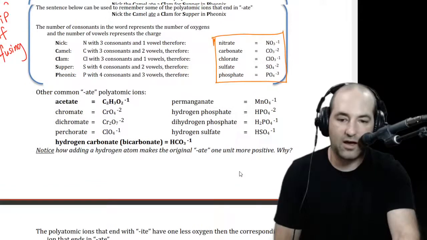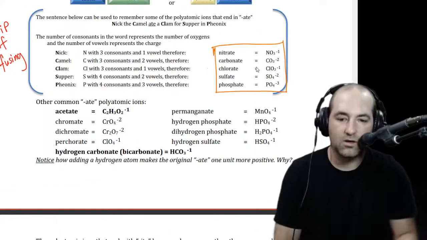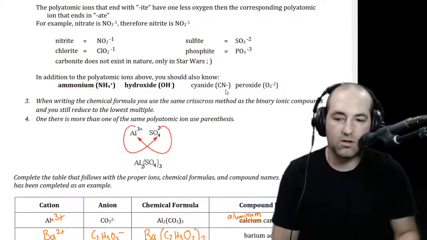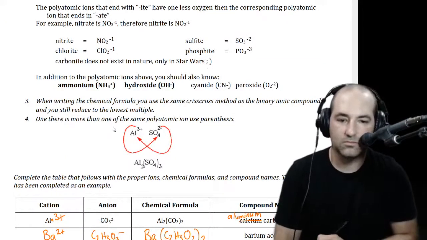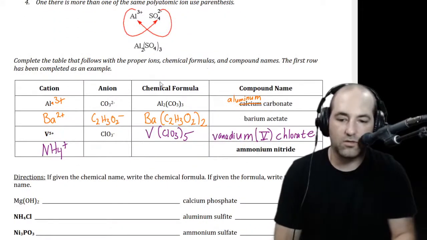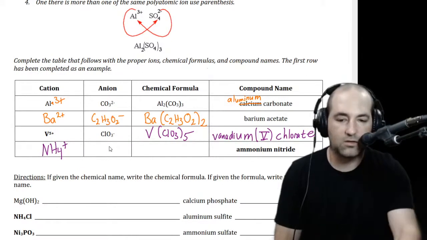Those are actually different ions. So chlorate is ClO3 minus 1. Chlorite is ClO2 minus 1. So we are dealing here with ClO3 minus 1, which is chlorate, not chlorite.